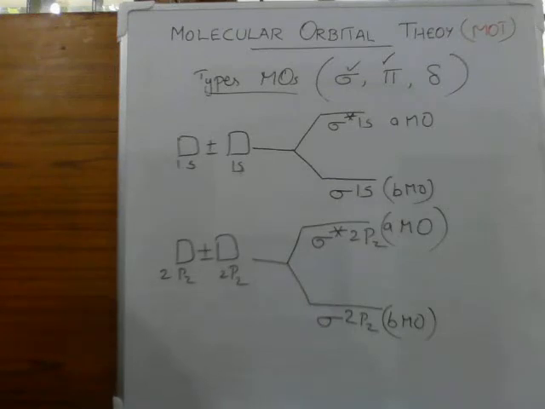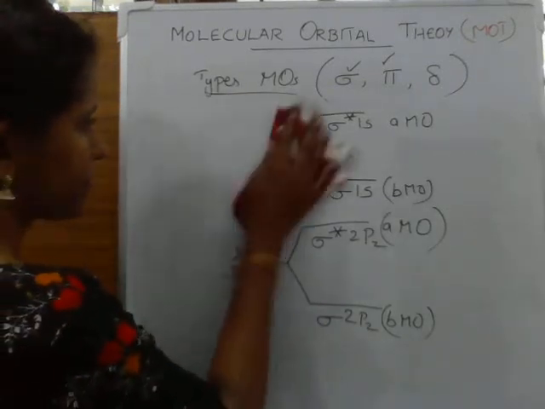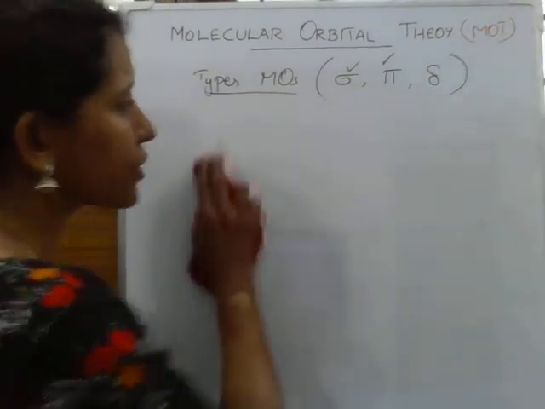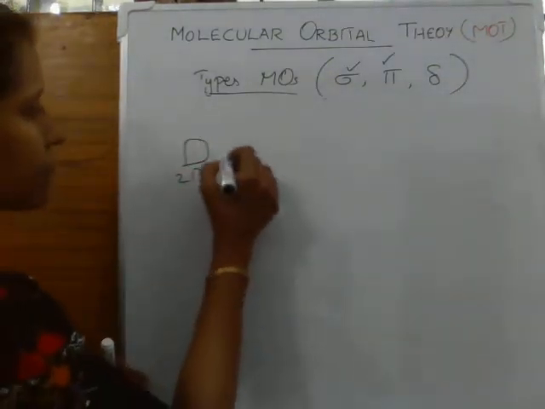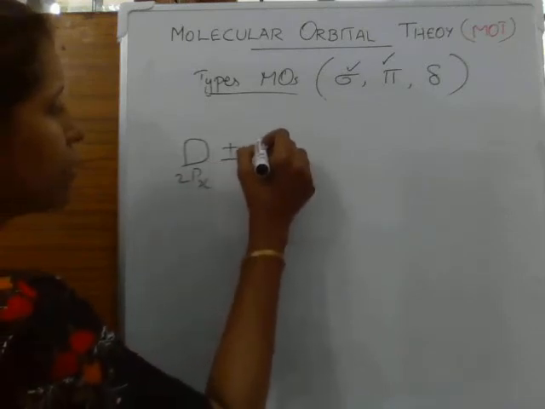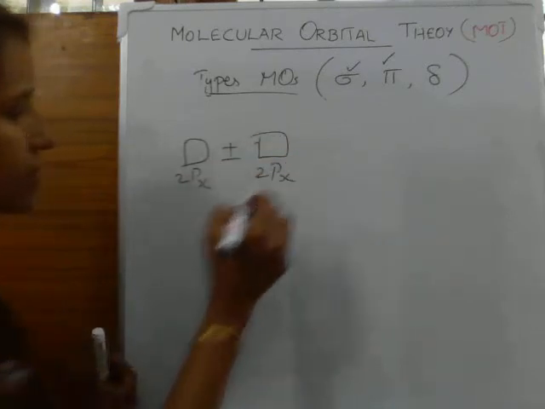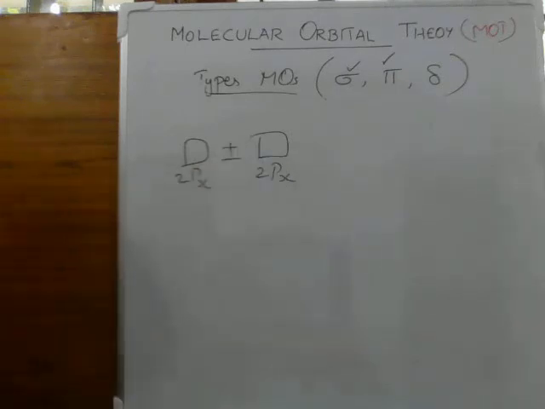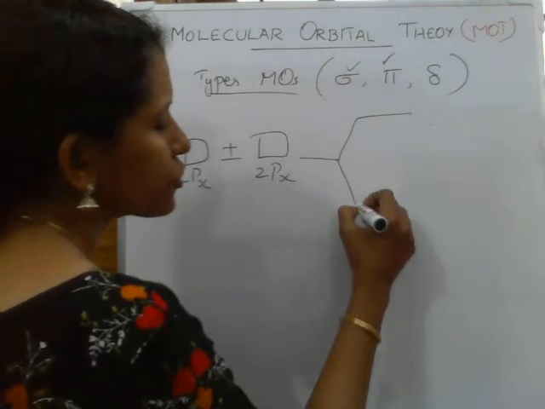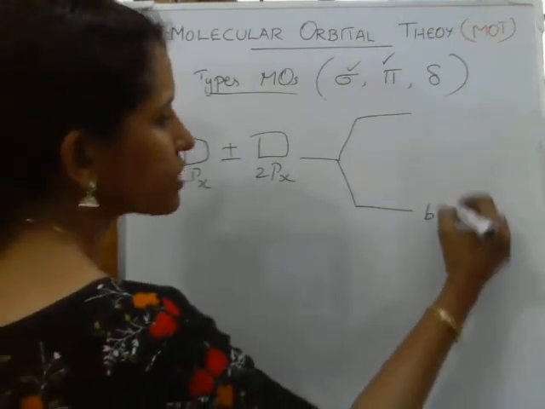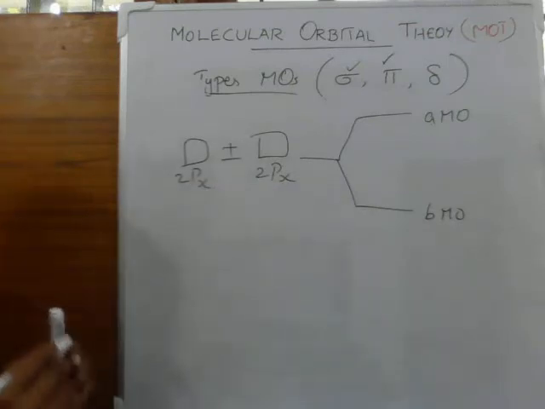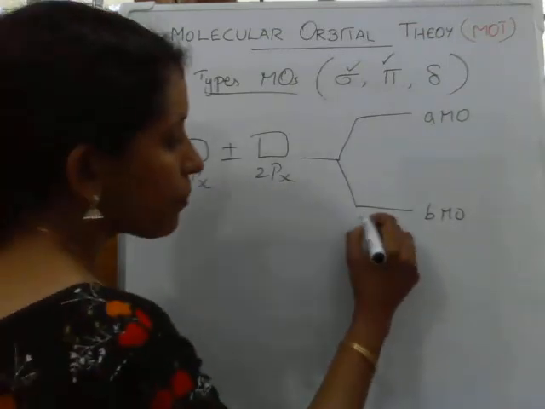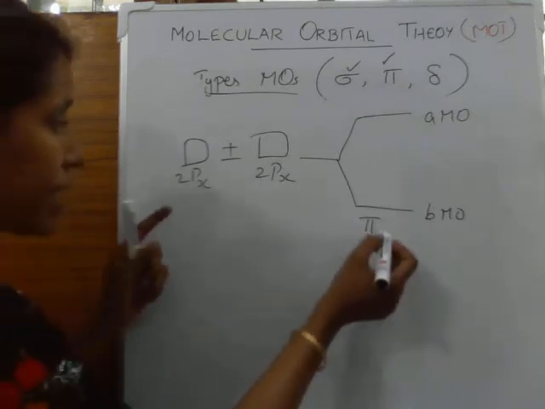Similarly, the combination of px and py atomic orbitals. Suppose this is our 2px combined with 2px. We get two molecular orbitals, one bonding MO and the other anti-bonding MO. The px atomic orbitals when combined form pi molecular orbitals.